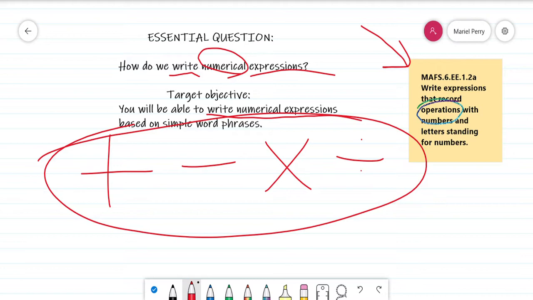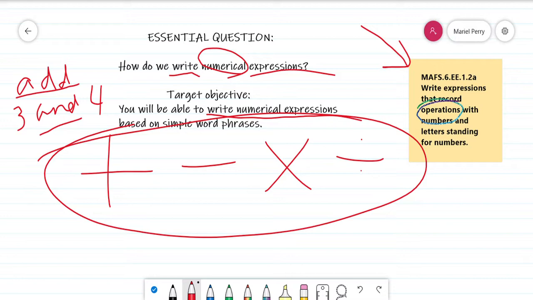When we see a phrase written down, let's say the phrase says add 3 and 4, there are some keywords in there. Of course, it's telling us to add, and then we also have the word and. 3 and 4. We can call a couple of those words keywords.